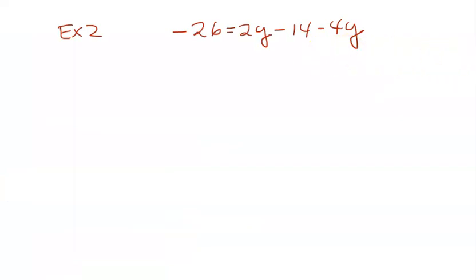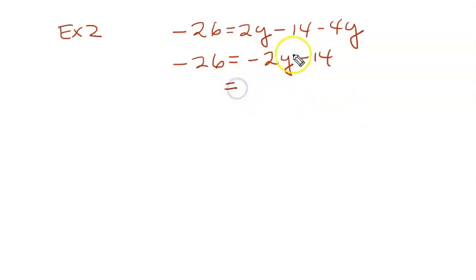And again, there are no fractions. There are no grouping symbols, but can we combine like terms? Yes, so let's do that. Negative 26. Now we have a positive 2y and a negative 4y will leave us with a negative 2y and a minus 14.